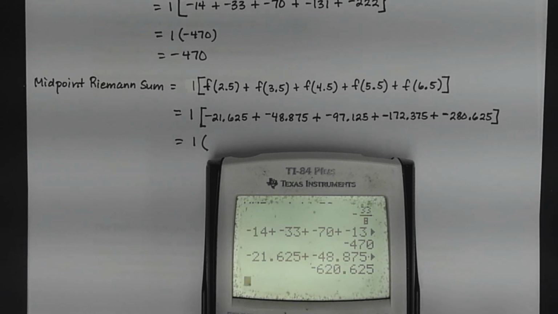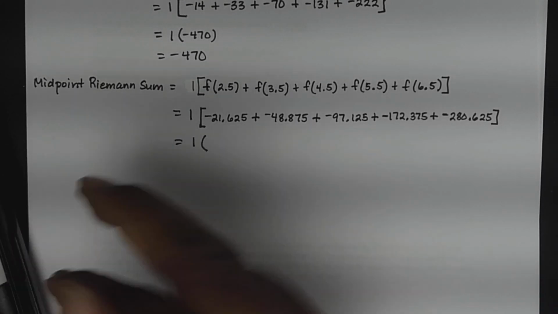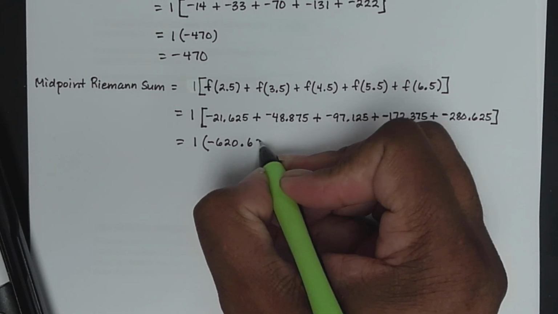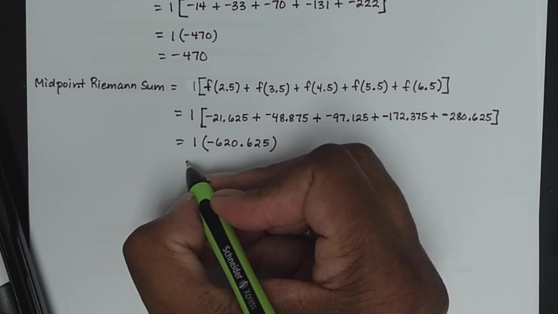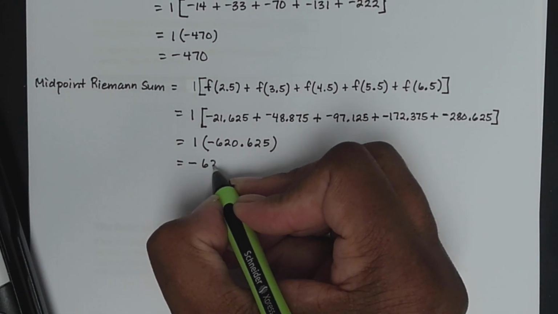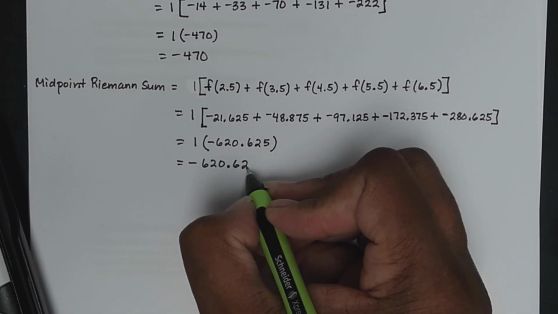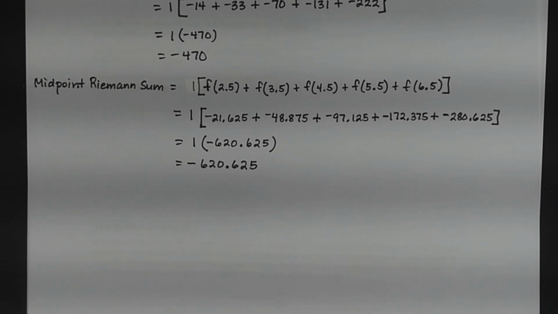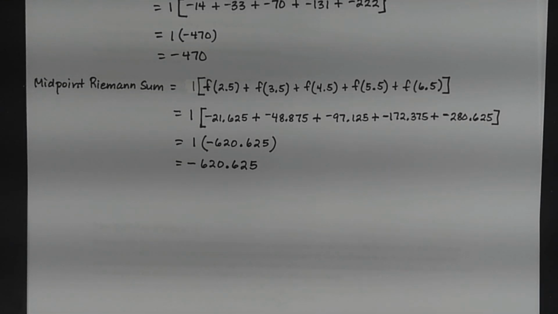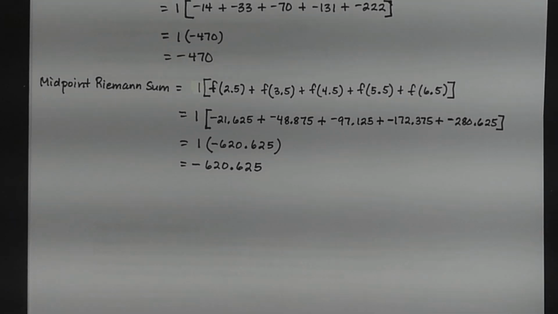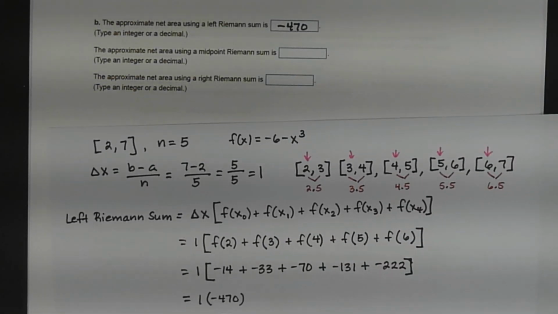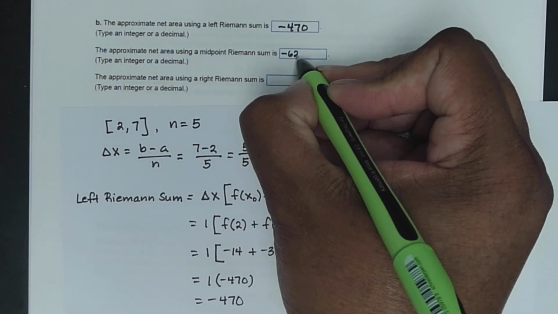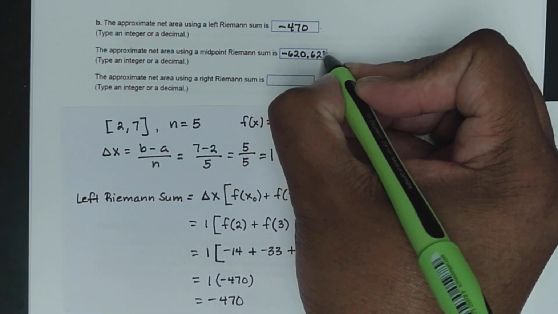This will give me negative 620.625. And of course, 1 times negative 620.625 would be negative 620.625. That represents the area for the midpoint Riemann sum. So the approximate net area using the midpoint Riemann sum is negative 620.625.